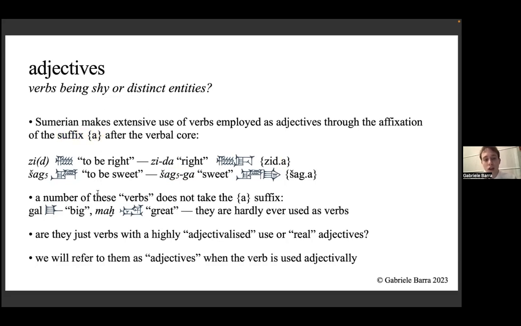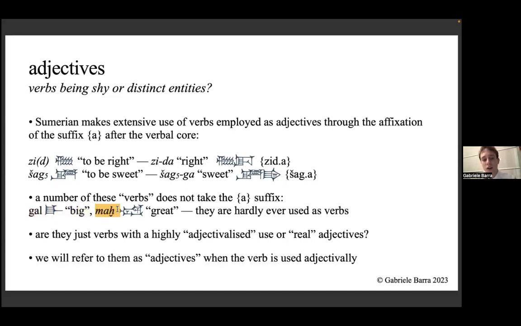For example, gal means big, and you do not need to add any suffix to it. So gal by itself means to be big, but also big without the need for a suffix. But it's never really used as a verb, so it mostly just appears as an adjective.